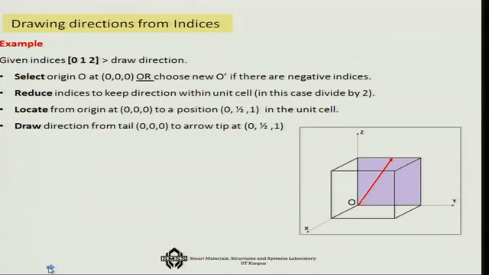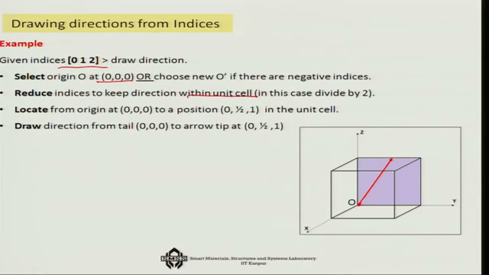Let us practice some more, drawing directions from the indices. Suppose 0, 1, 2 is given to us, and we have to draw the direction. So, we have to select the origin. In this case, as there are no negative indices, select it as 0, 0, 0. So, I have selected it as 0, 0, 0. Now, from here reduce indices to keep the direction within the unit cell.